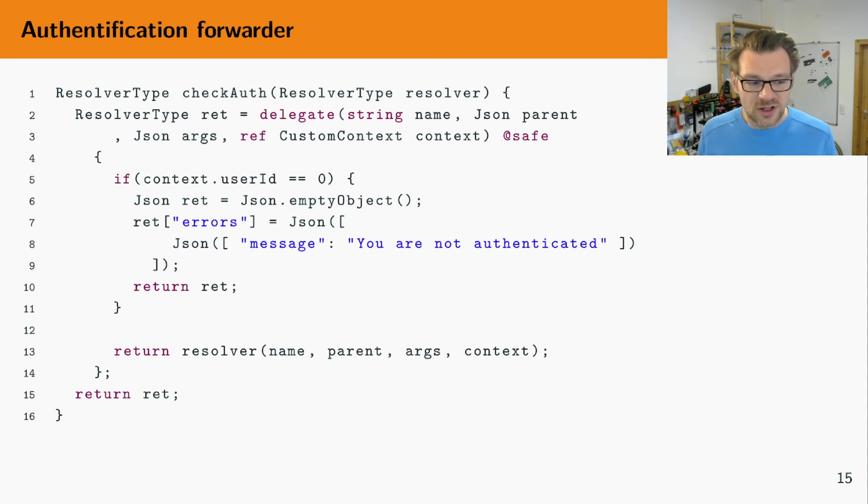And for user authentication, we sort of fake it a little bit by saying if the user ID is 0, you're not authenticated and can't call this endpoint. And here the test is basically, if that is true, we create a new JSON object and assign one error that says you're not authenticated, and return it, and we're done. If you pass this check, so you have a user ID that is unequal to 0, we call the resolver that we passed in and pass it all the arguments we passed into this resolver. And we then just return it and we're good.